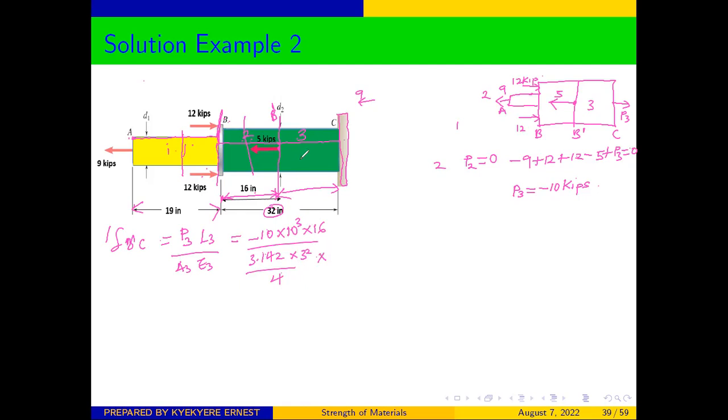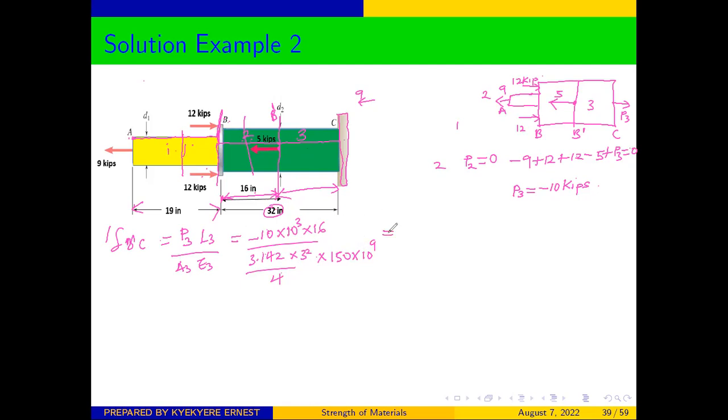Don't forget that this material was different from this section. That is why it was given as 150 times 10 to the power 6 KSI. So it's going to be times 10 to the power 9, since the KSI is also times 10 to the power 3, add the power 6 plus the power 3 to give us power 9.